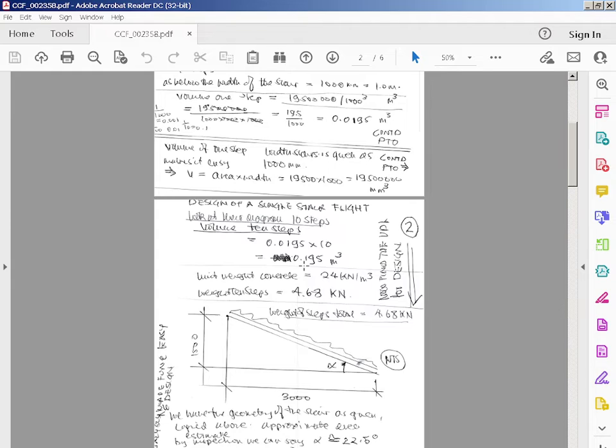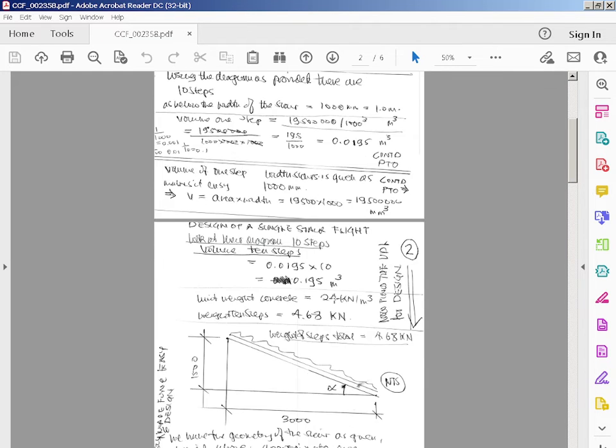You could find out how many steps there are per length, but this is easier in my opinion. The volume of 10 steps is 0.0195 times 10, equals 0.195 meters cubed.